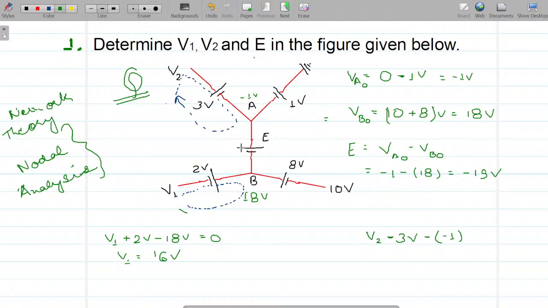It is given with respect to ground. So whatever is the magnitude, we'll write VA minus ground. Now, again, for once we'll take it as negative and then we'll replace the value as it is, right? So what would we get? V2 to be 2 volts.